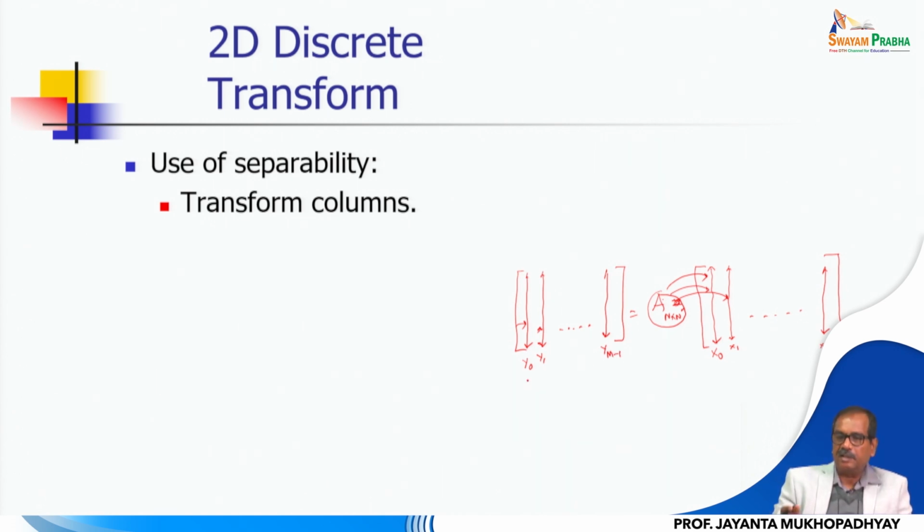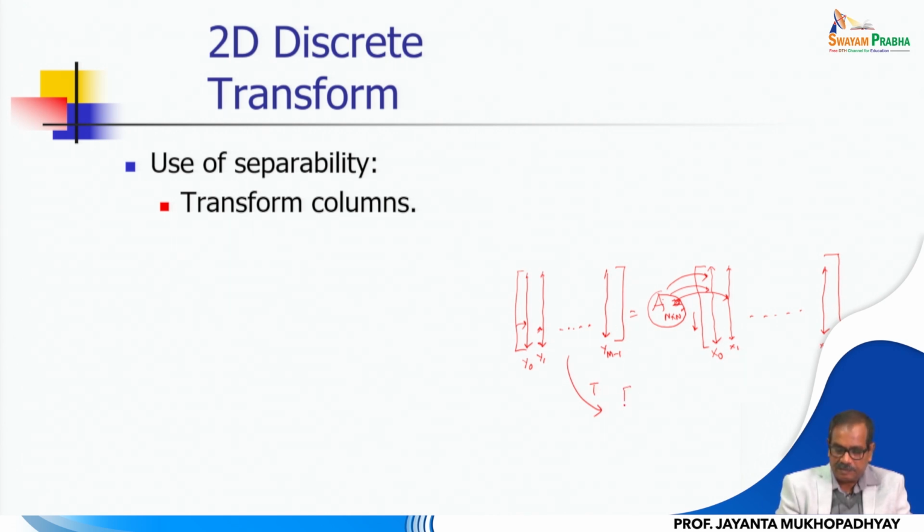So, you have transformed all these columns. Now, along these dimensions you have transformed. For 2 dimensions, you now have to do the transformation along the other dimension. Now, rows would be my vectors. Since I have to convert them into column form, I will make a transpose operation of this matrix.